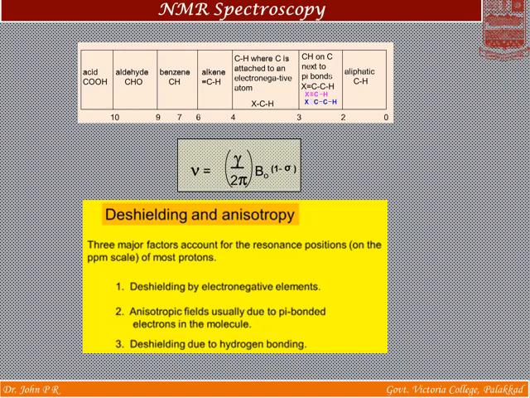Therefore, the actual field present at the given nucleus depends on the nature of the surrounding electrons. This electronic modulation of B0 field is termed as shielding.